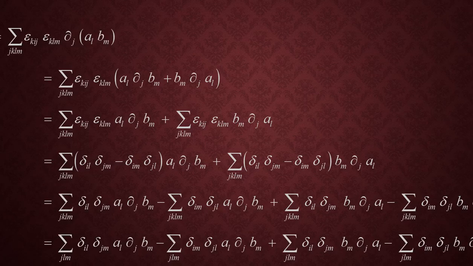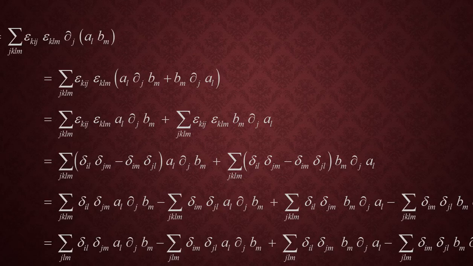We can replace epsilon suffix ijk with epsilon suffix kij because the indices i, j, k are in the cyclic clockwise orientation. So epsilon suffix ijk equals epsilon suffix kij.